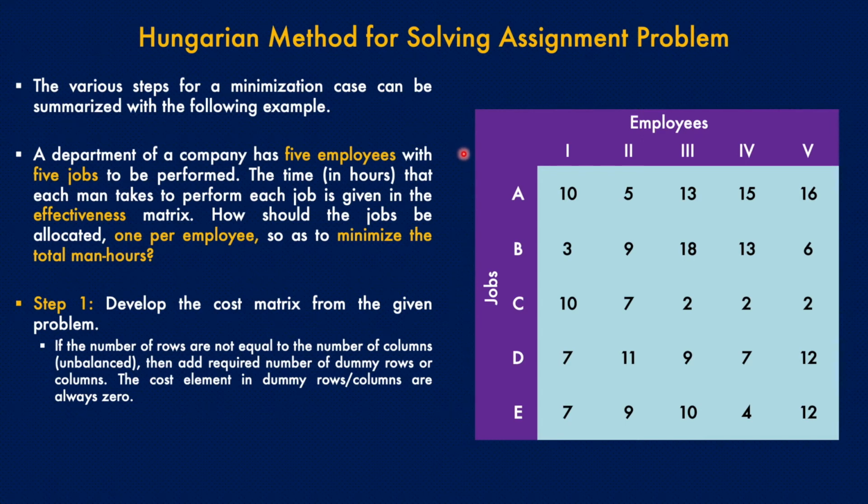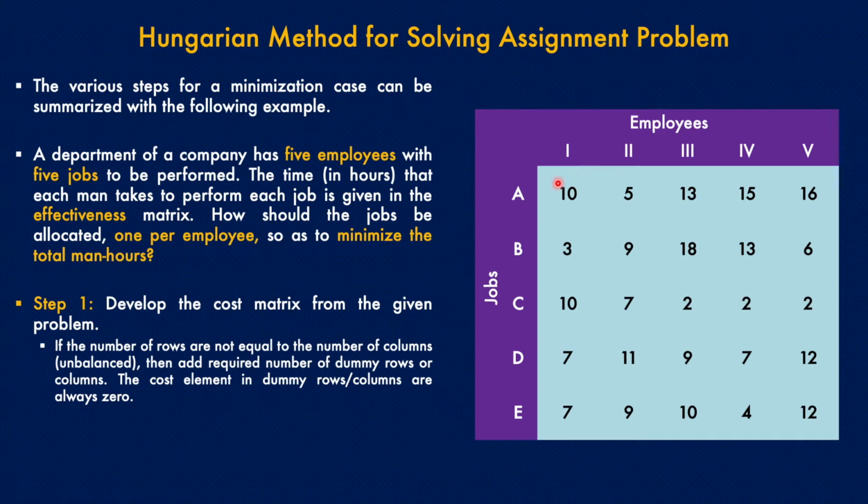So this is the given matrix. We can see there are 5 jobs A, B, C, D, E and 5 employees 1, 2, 3, 4 and 5, and all the given numbers are the time taken by each employee to do each job.